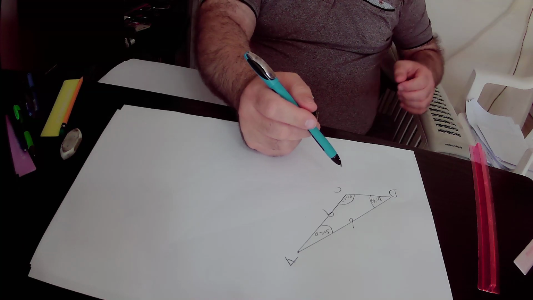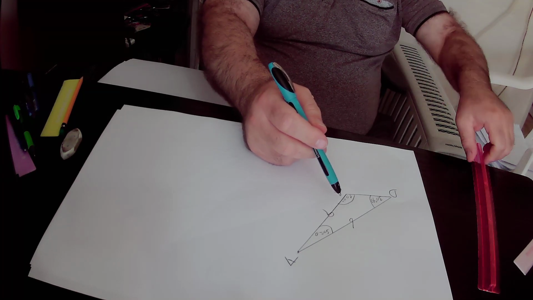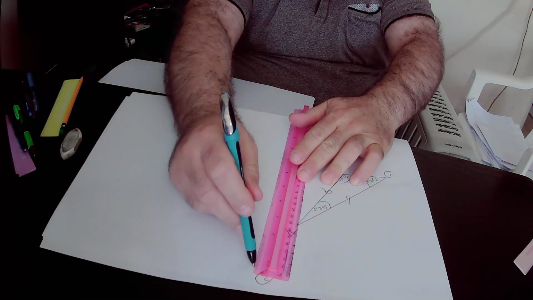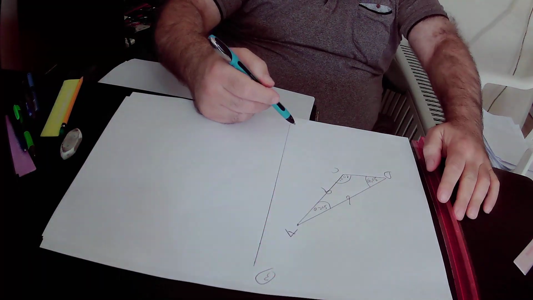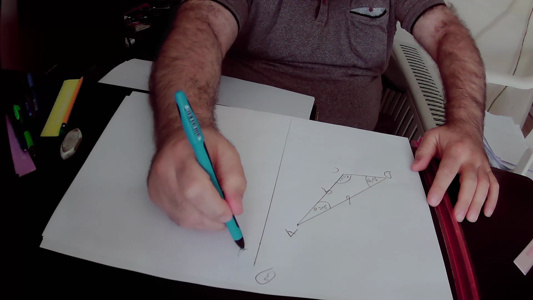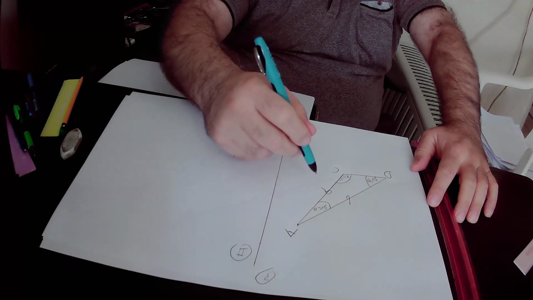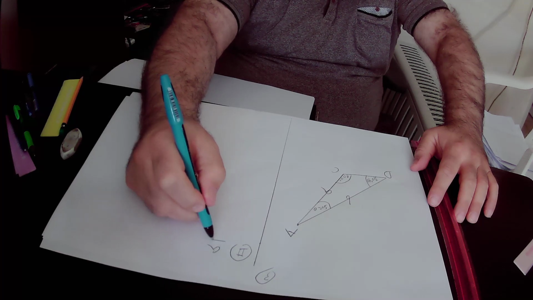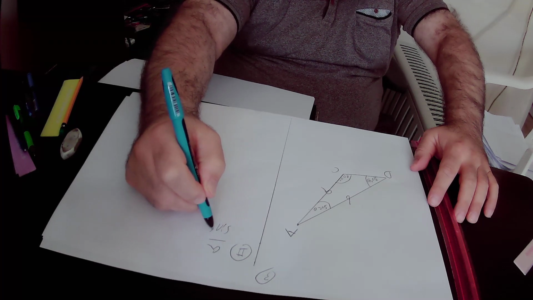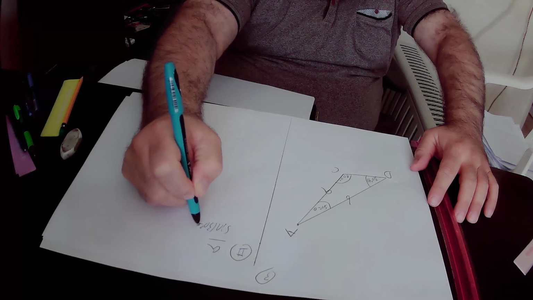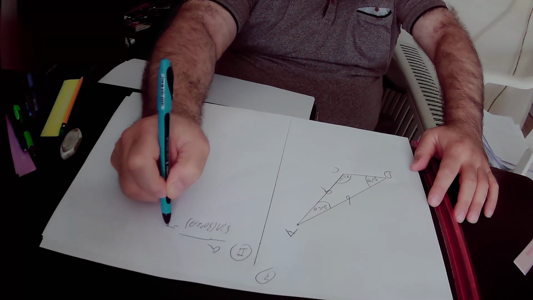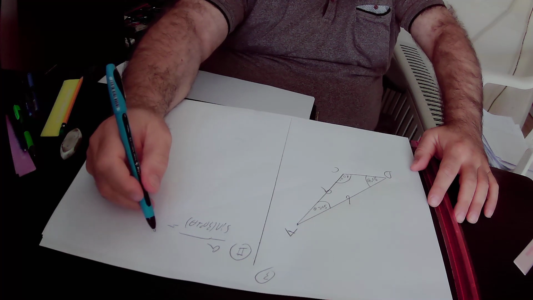So we will implement the law of sines in this triangle, triangle ADC. According to the law of sines, we will get that A over sine 30 degrees plus theta equals B over sine 100 degrees.